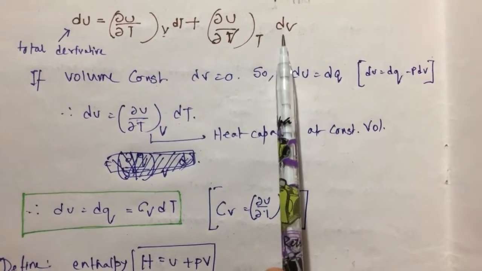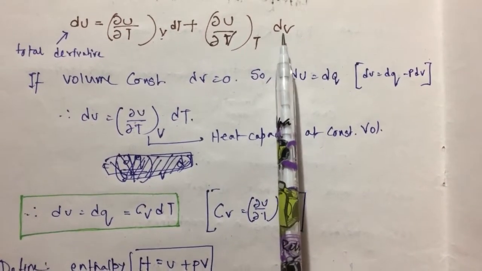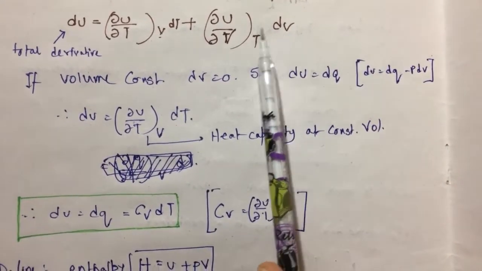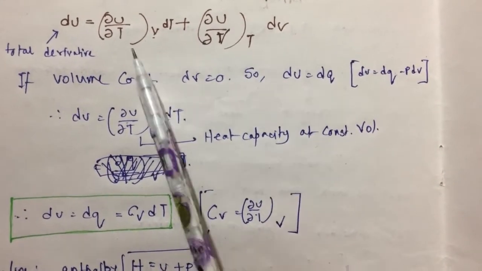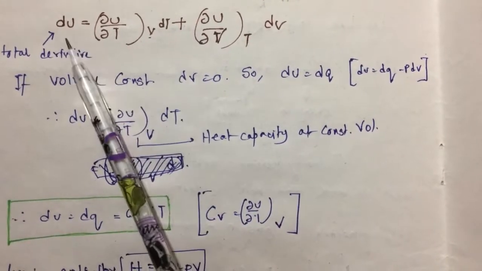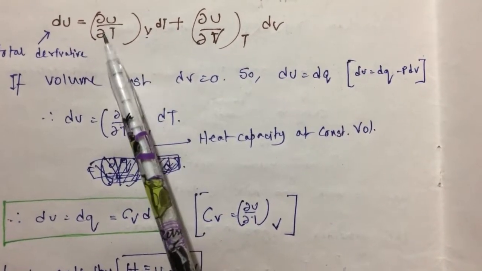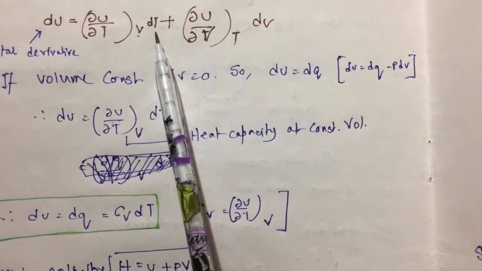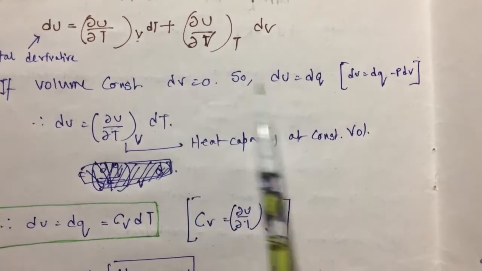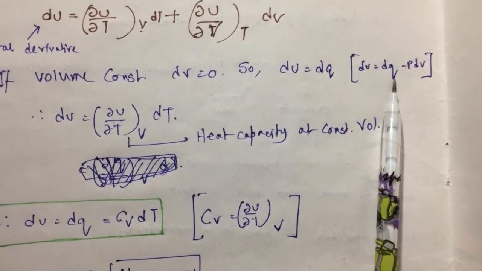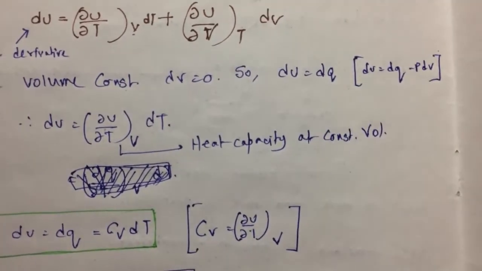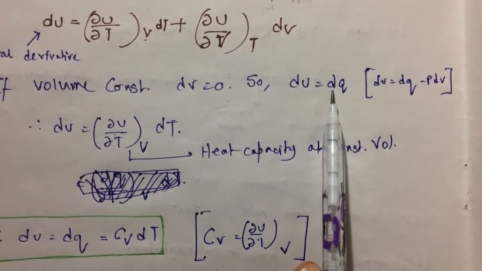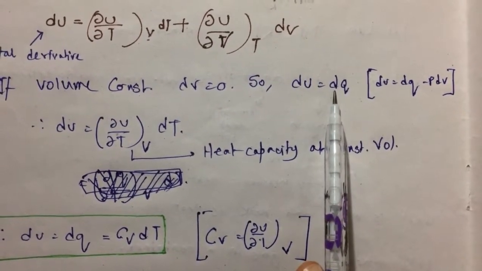Now if the volume of the gas does not change, dV equals 0, this term will vanish and dU will be only the partial derivative of U with respect to T at constant volume times dT. From the first law of thermodynamics, dU is equal to nothing but dQ only. So dU equals dQ if the volume is constant.